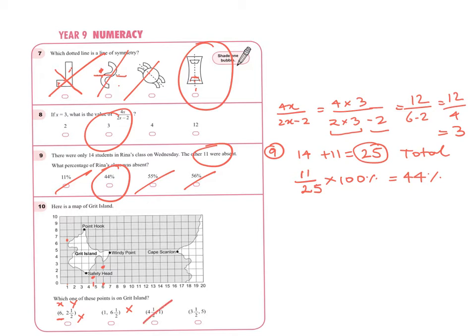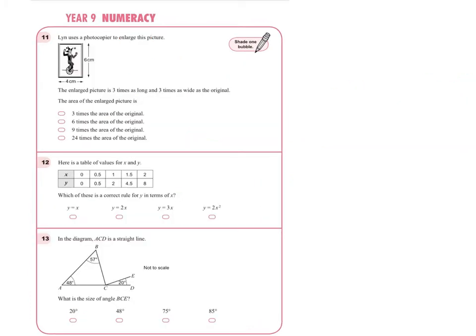The next one is 3.5, that's the x coordinate, and 5 is the y coordinate. If we go up and 5, we're going to meet, yes, we are on the island. So therefore it's the last one. Beautiful. Let's move on.